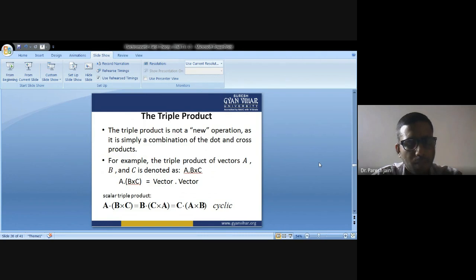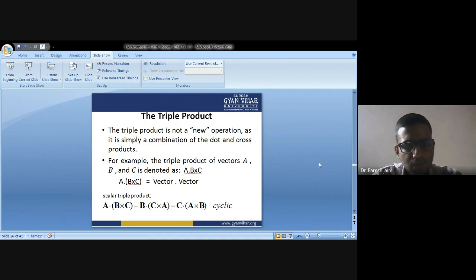A triple product is the combination of the dot and the cross product. For example, the triple product of the vectors A, B, C is denoted by A dot B cross C. It can also be written as A dot in the bracket B cross C. So it is vector dot vector.